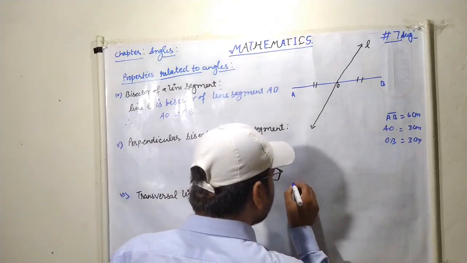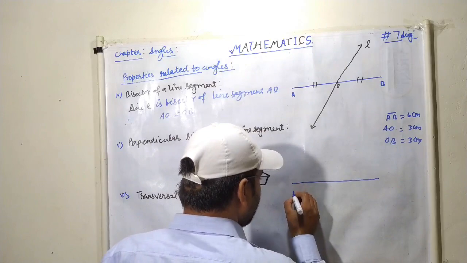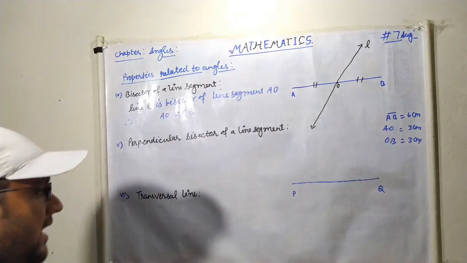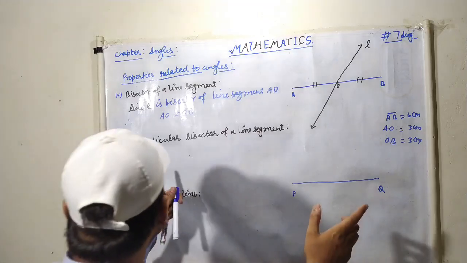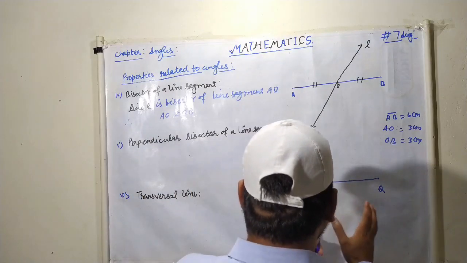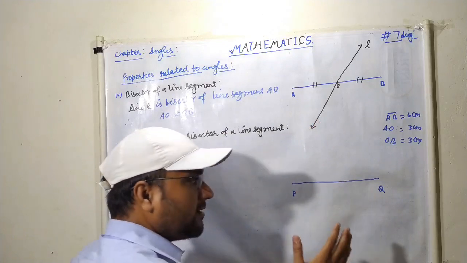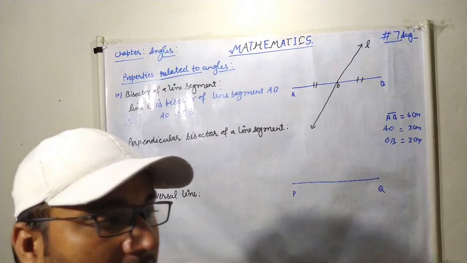Here I have taken a line segment PQ. A perpendicular bisector of a line segment means a line that divides it into two equal parts, and it also forms 90 degrees.